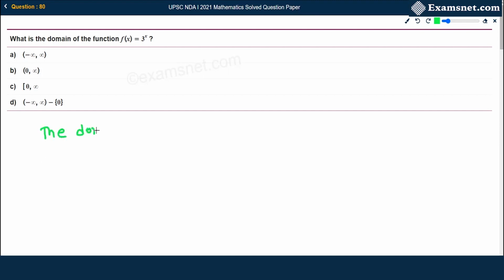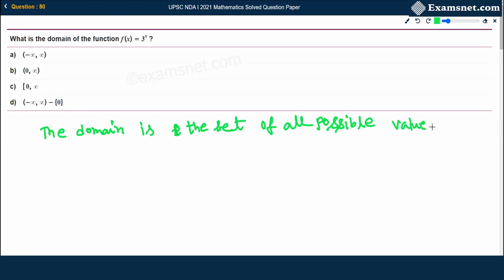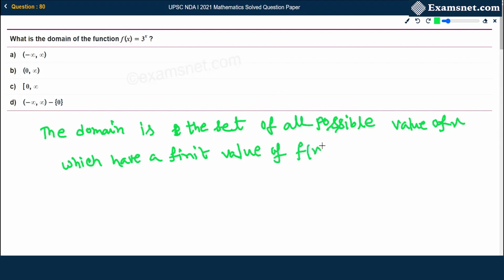The domain is the set of all possible values of x which have a finite value of f of x, right?